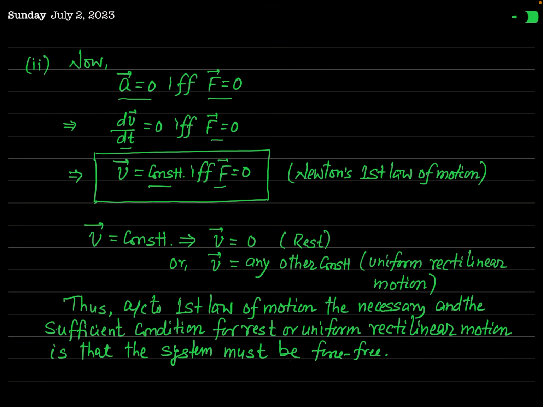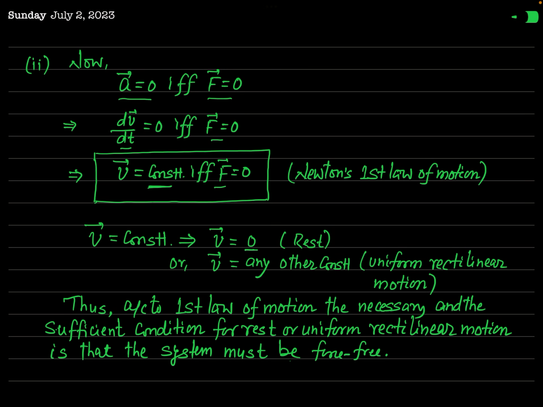But you can state Newton's first law of motion in this way too, that according to Newton's first law of motion, velocity v of a system or body or particle is constant if F is equal to 0. Now you know, when you say v equal to constant, what does it mean? It means v may be 0, because 0 is also a constant.